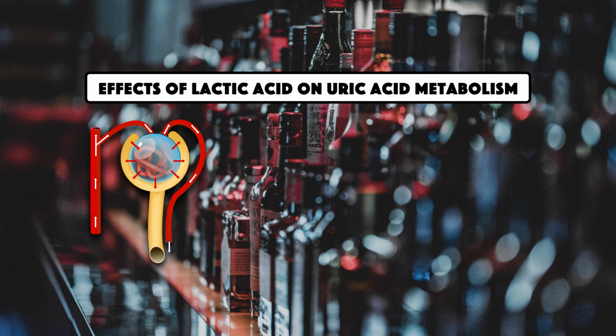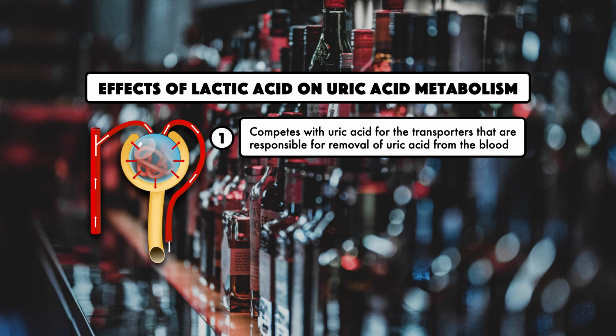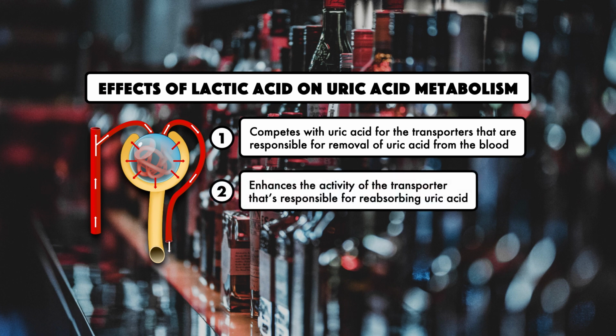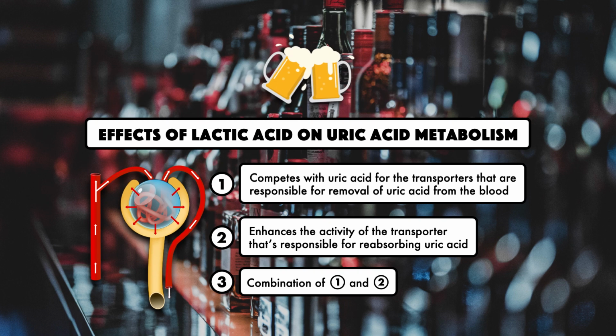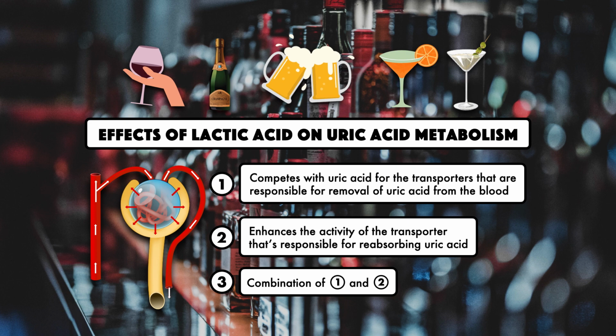Possible effects of lactic acid on uric acid metabolism include competing with uric acid for the transporters that are responsible for the removal of uric acid from the blood, enhancing the activity of the transporter responsible for reabsorbing uric acid, or doing a combination of both. As mentioned previously, beer has been shown to have the highest concentration of purines, but these mechanisms suggest that excessive intake of any alcoholic beverage is a concern.